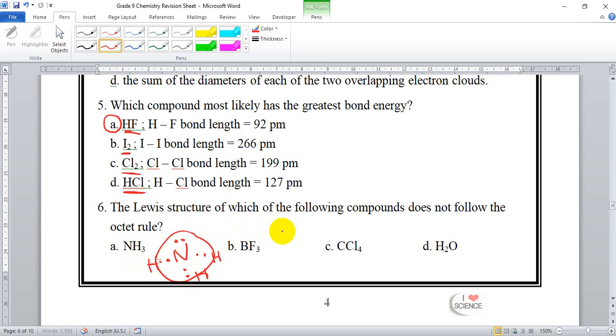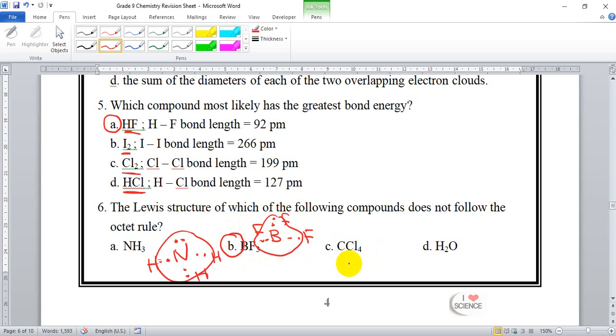While here B has 3 and will share with 3 F atoms. So the number of electrons now equals 6, not 8. So this is the correct choice.